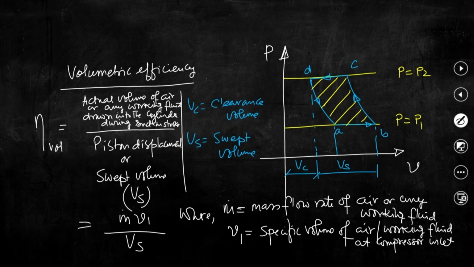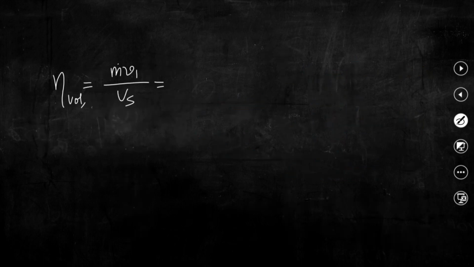So, this is Vb, this is Va. So, Vb minus Va is the actual volume of air drawn into the cylinder. So, this is Vb minus Va divided by Vs, right. So, Vb minus Va divided by Vs.